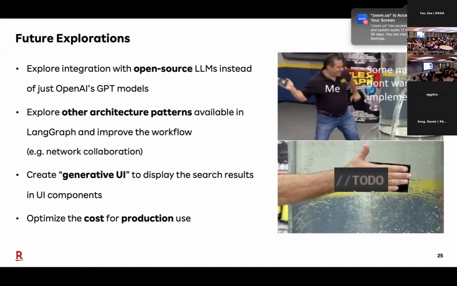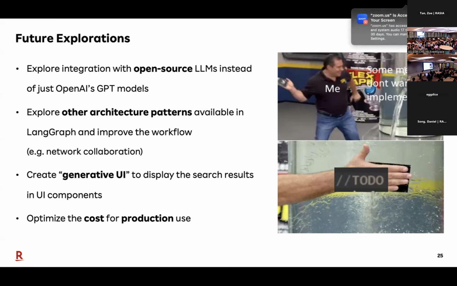We would also like to explore some other architecture patterns available in LangGraph. Today, it's just agent supervision, basically routing your request to the correct LLMs, so that you can add an infinite number of agents to your chatbot, and it can give the correct answers to your user.